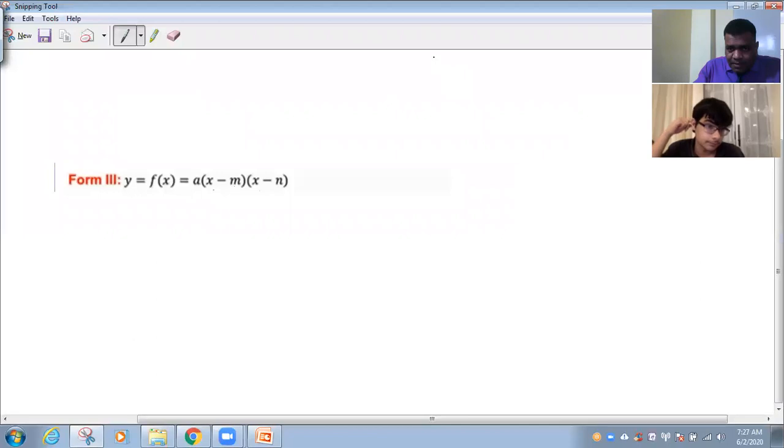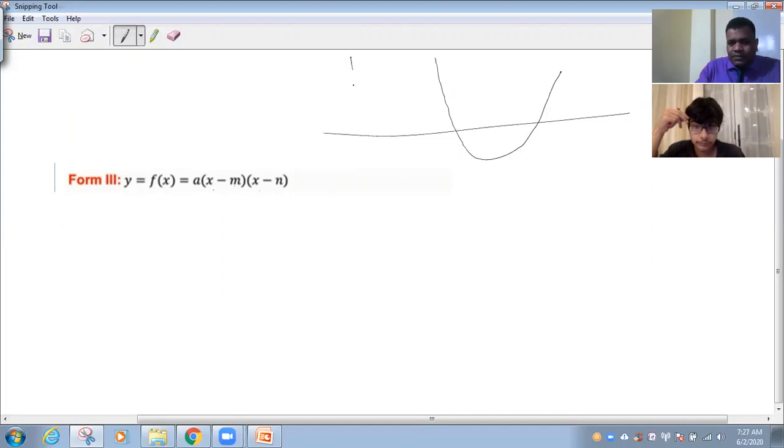So the idea here is that this parabola cuts the x-axis at 2 points. This is the x-axis. This is the y-axis. So for this parabola, I'm assuming a is positive, so the parabola opens up.